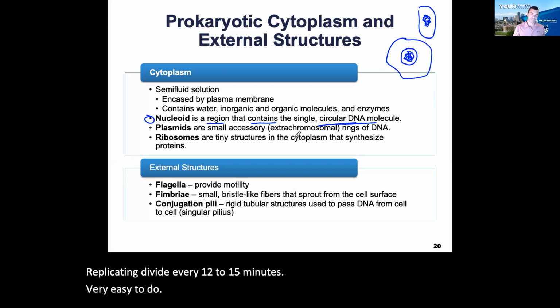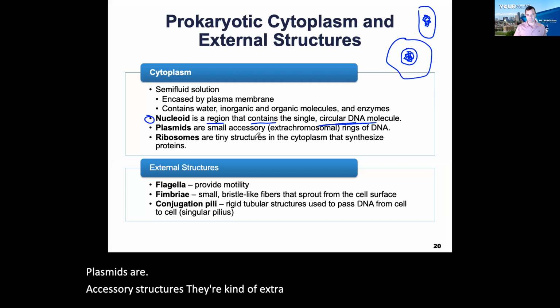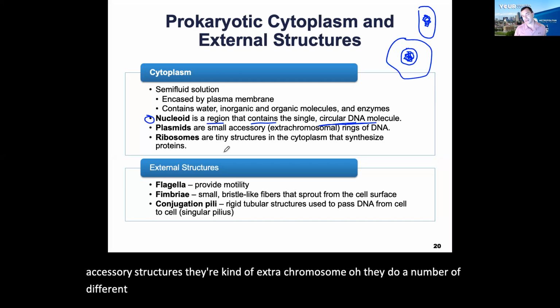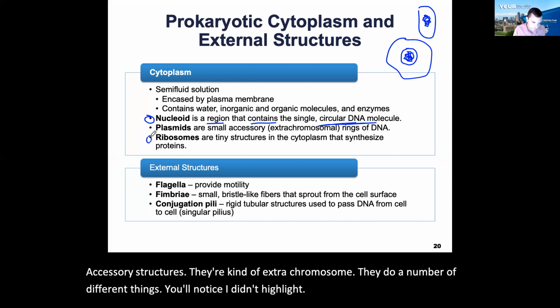Plasmids are accessory structures. They're kind of extra chromosomal. They do a number of different things. You'll notice I didn't highlight it. Ribosomes.